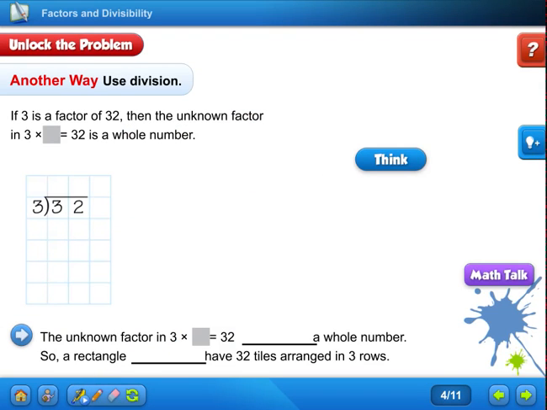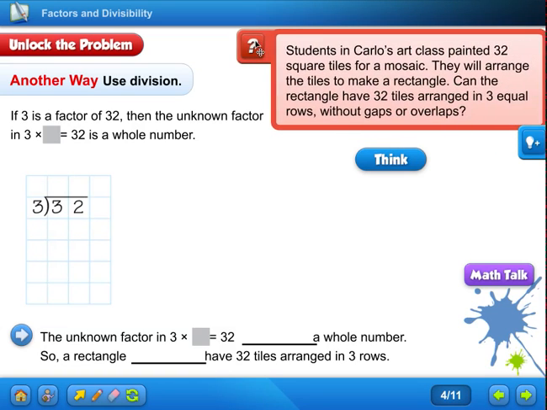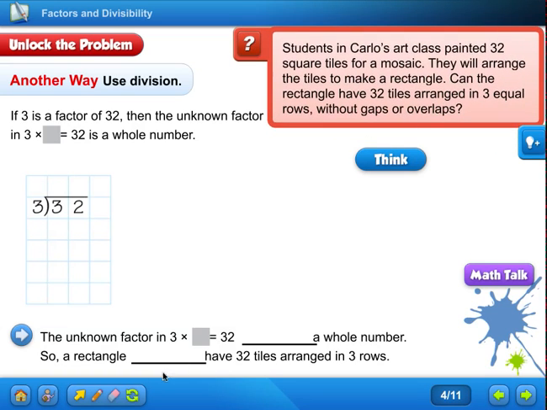So same question. I'll pull it out again. But they're doing it a different way. So the same thing. Can the rectangle have 32 tiles arranged in 3 equal rows without gaps or overlaps? So they're doing it the does McDonald's sell cheeseburgers way.